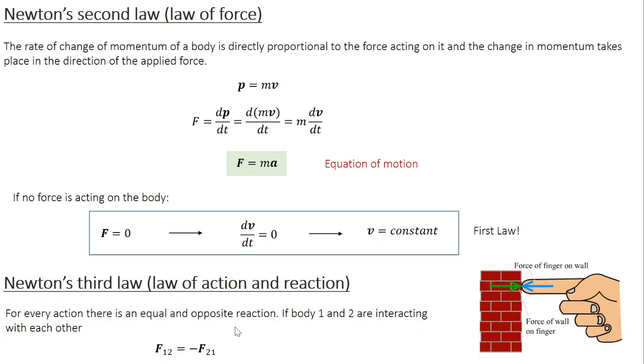So Newton's third law says that forces always exist in pairs. And later on in this course, you will see that as a consequence of Newton's third law, the linear momentum or angular momentum is conserved in almost all classical mechanical systems.